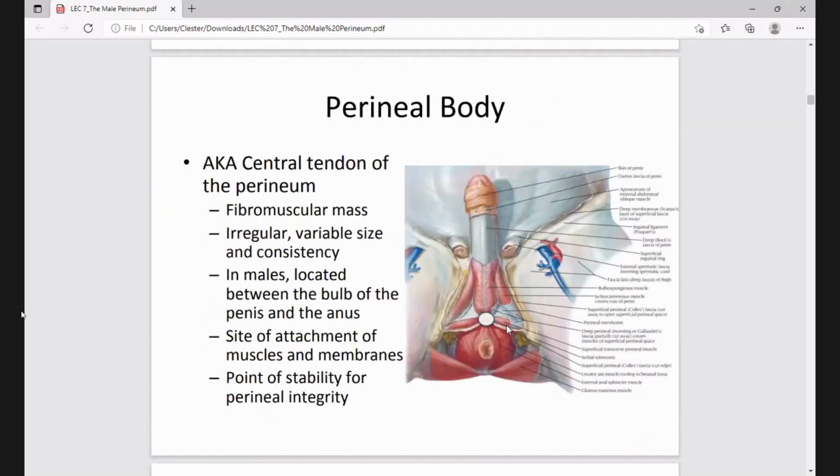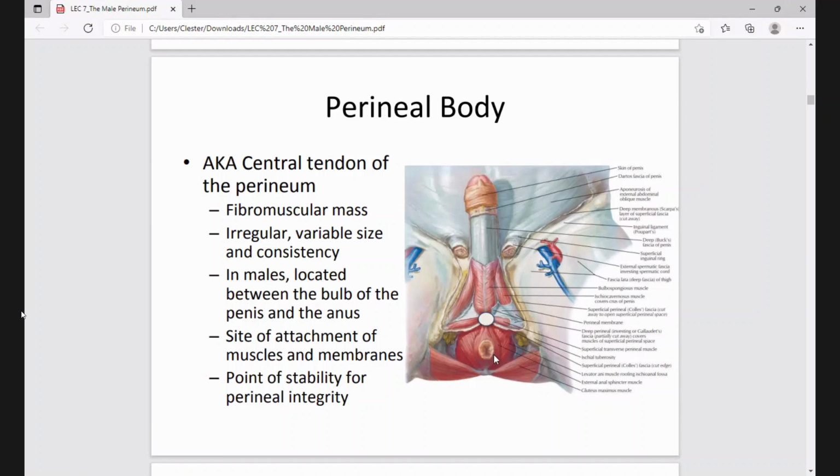First we discuss the perineal body, or the central tendon of the perineum. It is a fibromuscular structure that we find anterior to the anus but posterior to the bulb of the penis. It's an important structure because it serves as attachment for perineal muscles and it serves to strengthen the perineum.